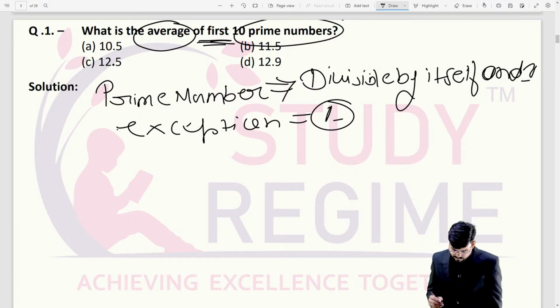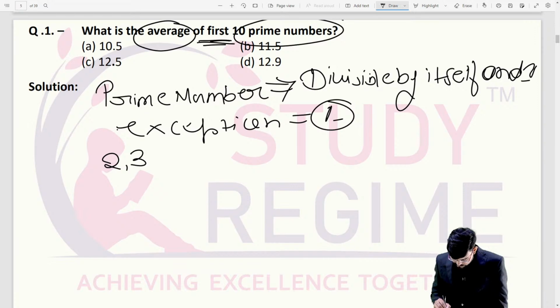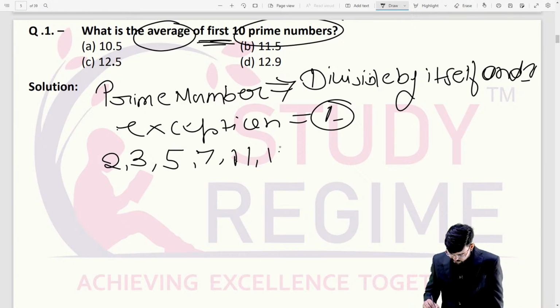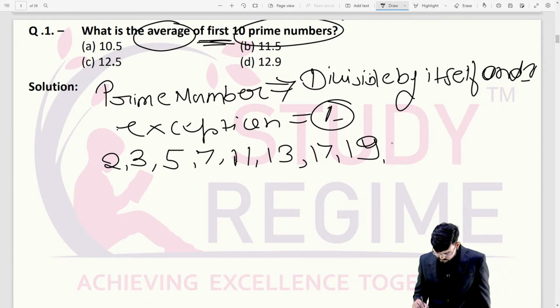So let's start writing the first 10 prime numbers. The first prime number will be 2, the other one will be 3, 5, 7, then 11, then 13, then 17, then 19, then 23, then 29.